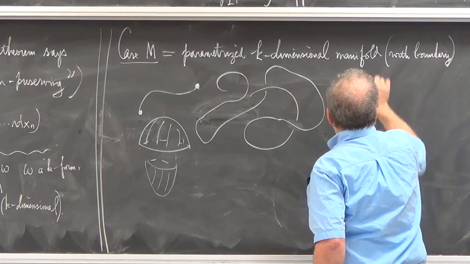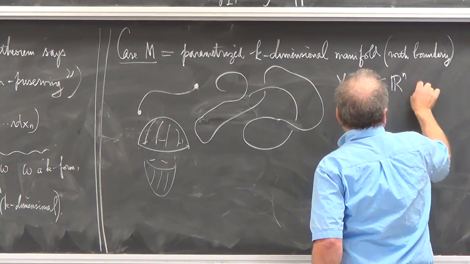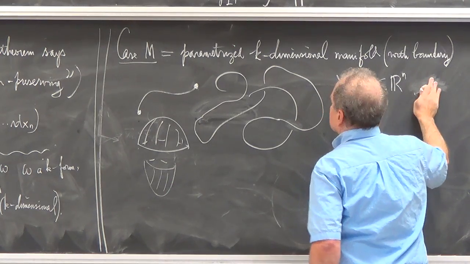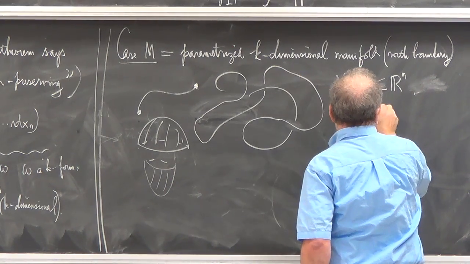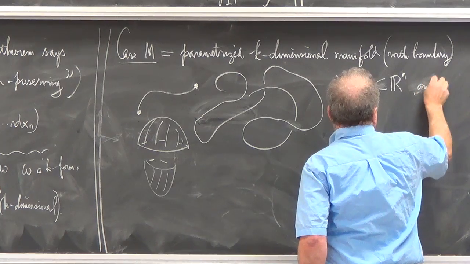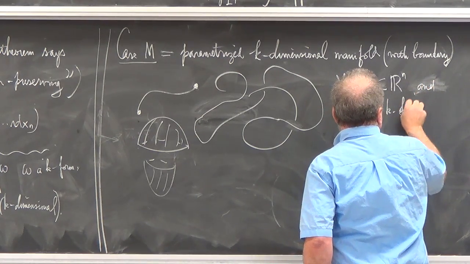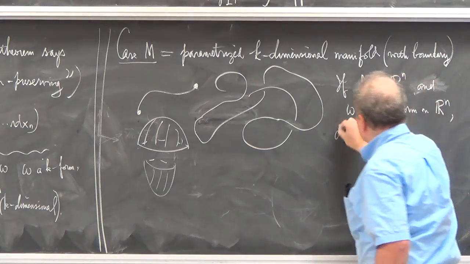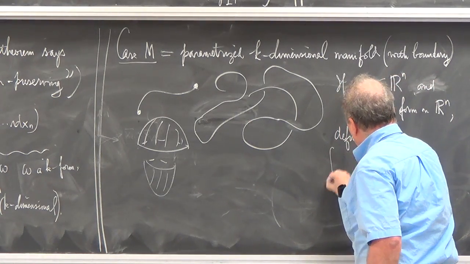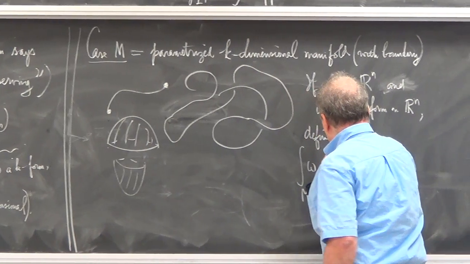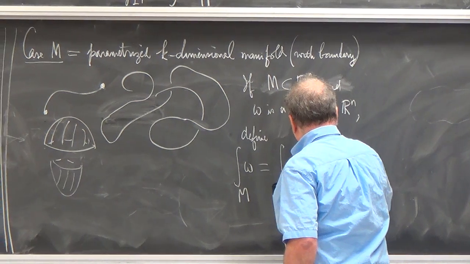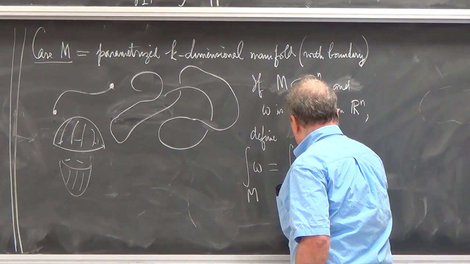So if M is in R^n and omega is a k-form, M is k-dimensional, and omega is a k-form on R^n, define the integral of omega over M by pulling back by your parameterization and integrating over your region.